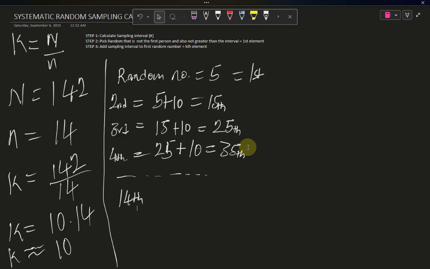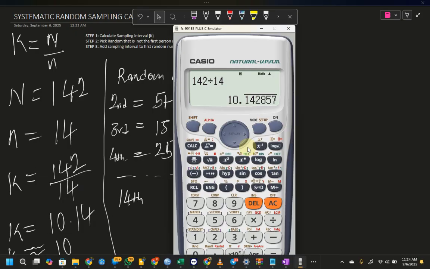Once you've calculated your sampling interval, the directory has 600 employees, so divide 600 by your n, the desired sample of 20. You get exactly 30. 30 becomes your sampling interval.